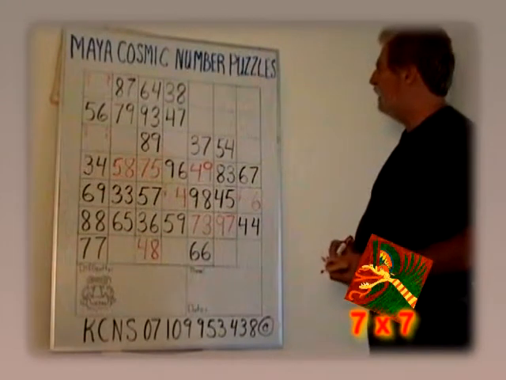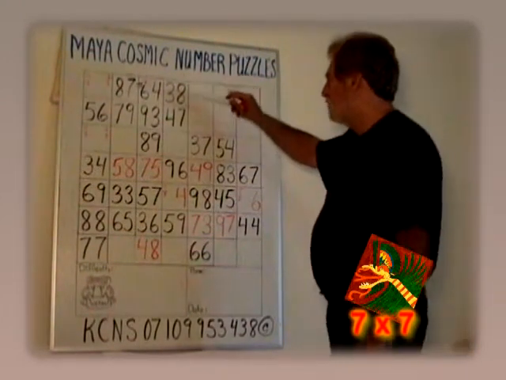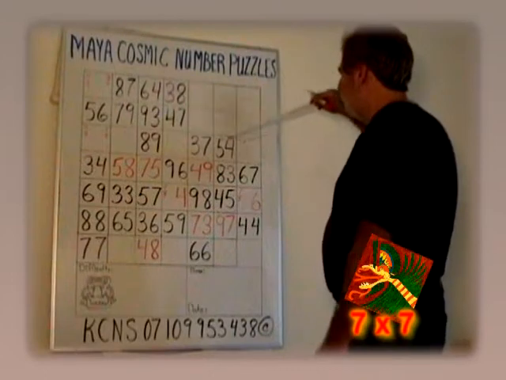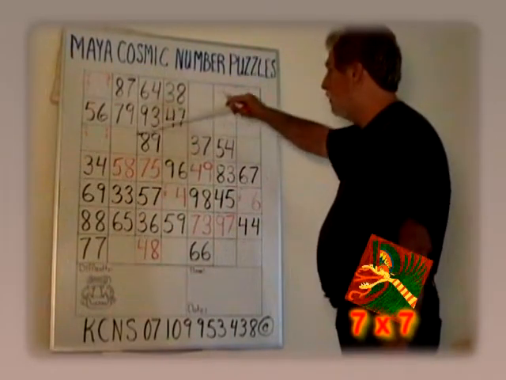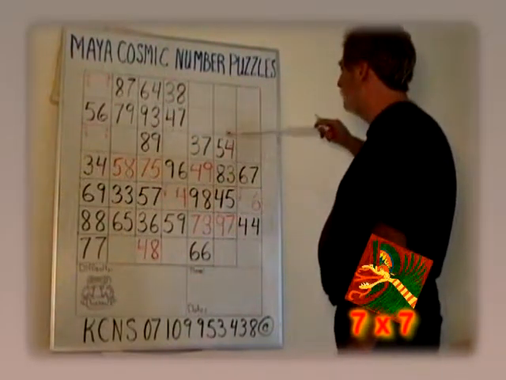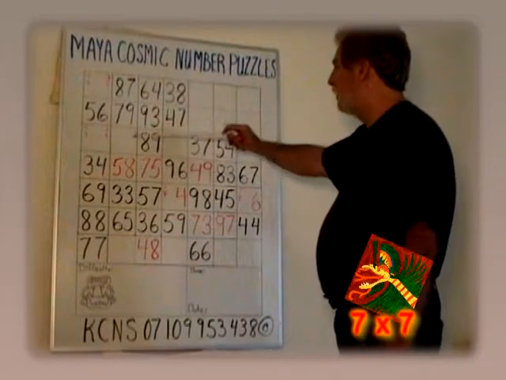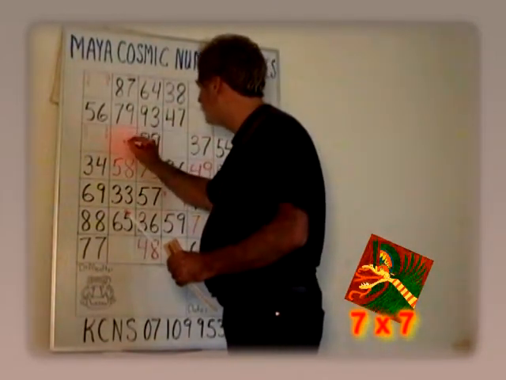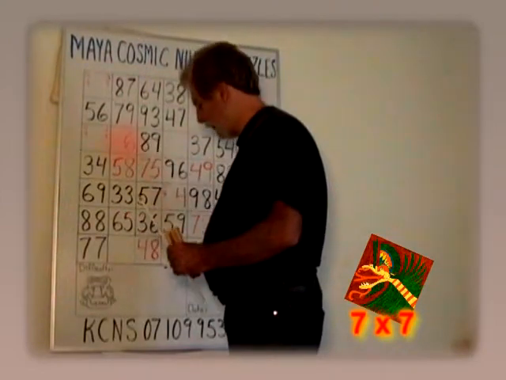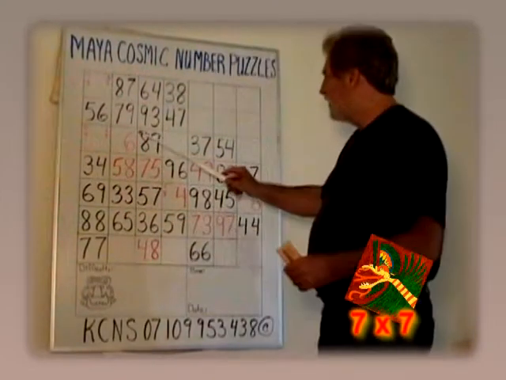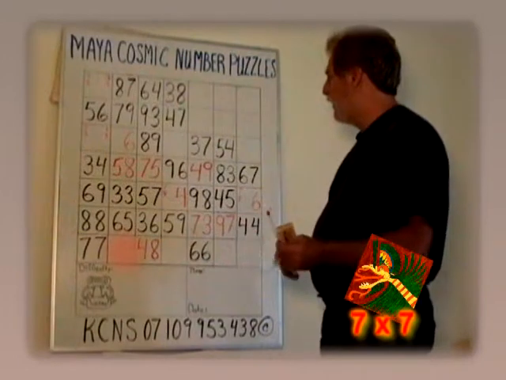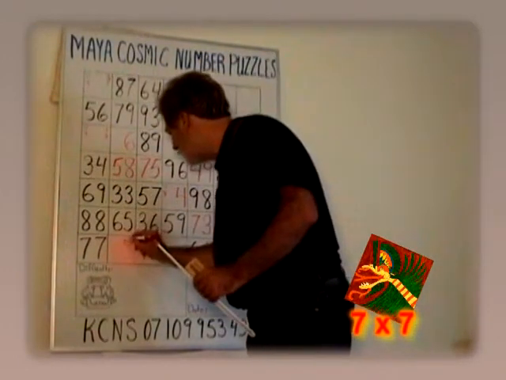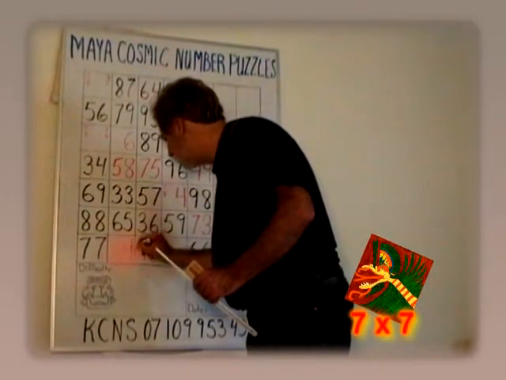A 6 and a 4. So if we check in this row, we see that we have a 4 here. So that means the 4 cannot go there, only the 6. If the 6 goes here, that means the 4 has to go in this position here.